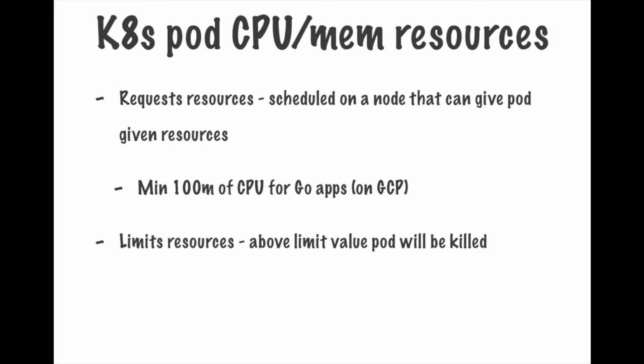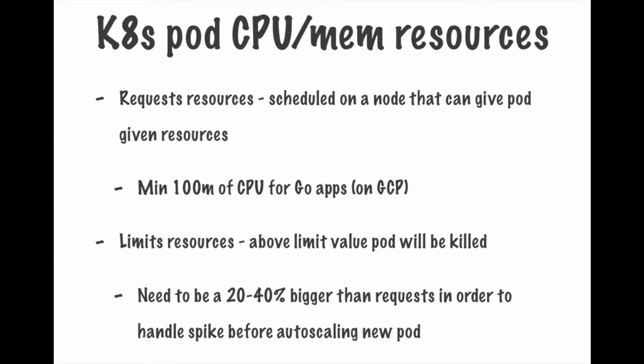It will be using much more CPU than requested and still not reach the limit, and this node won't have free CPU for other pods to run, and you will see very weird behavior.